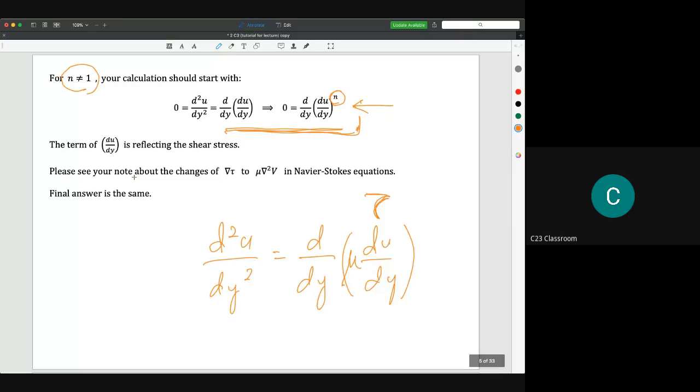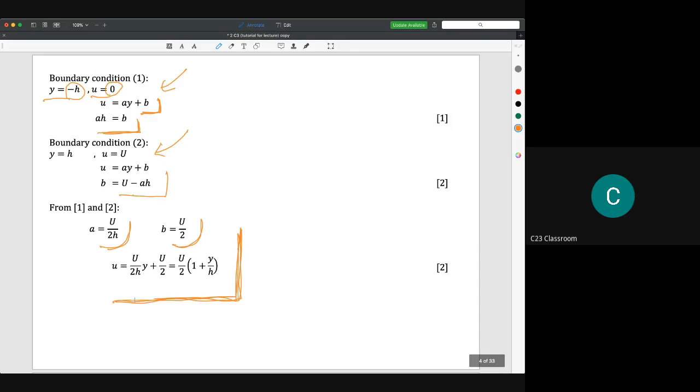This is very common. To do this one, you just keep the power of n there, because the value of n is not equal to 1, and then you do the integration as usual. You will find that the value of n disappears in the middle, and you will get the same velocity distribution as your final answer.